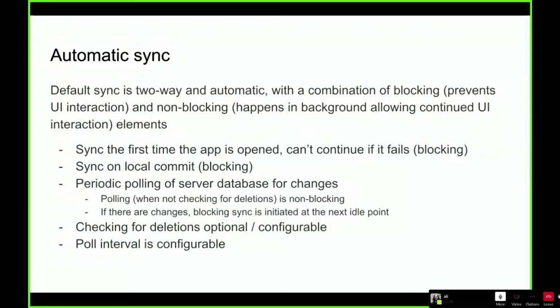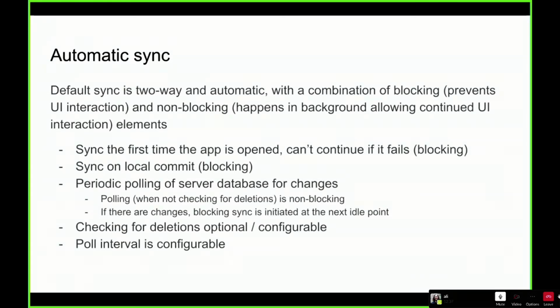The third element is polling of remote changes. You can set a particular interval, and I think the default is every 10 seconds, it will ping the server with an SQL query, and that will fetch any changed records on the server.